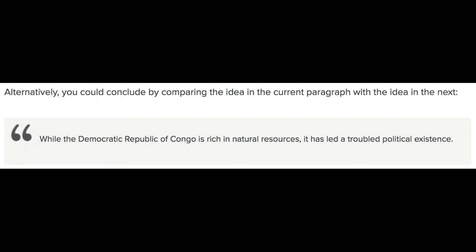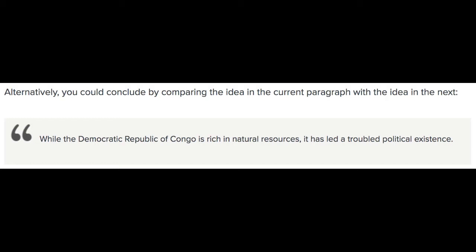Another concluding sentence that you can have is where you compare the idea in the current paragraph with the idea in the next. This is a transition with a little bit of conclusion because you're ending the first paragraph. An example here is: while the Democratic Republic of Congo is rich in natural resources, it has led a troubled political existence.